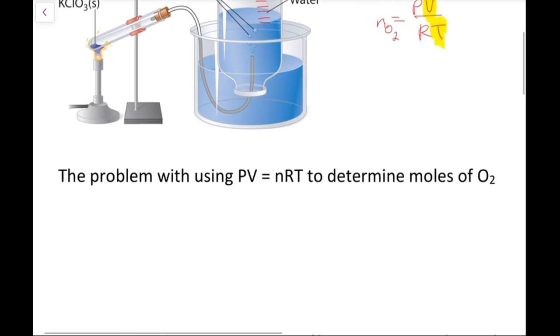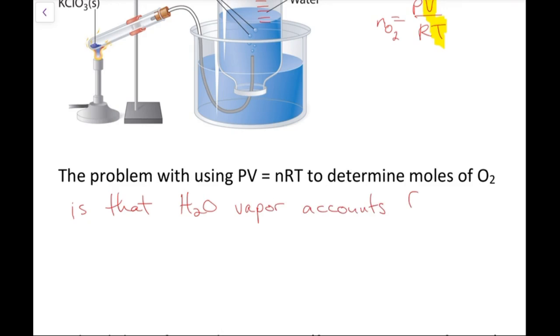So coming down here, I can say the problem with using PV equals nRT to determine the number of moles of oxygen is that water vapor accounts for some of the total pressure.